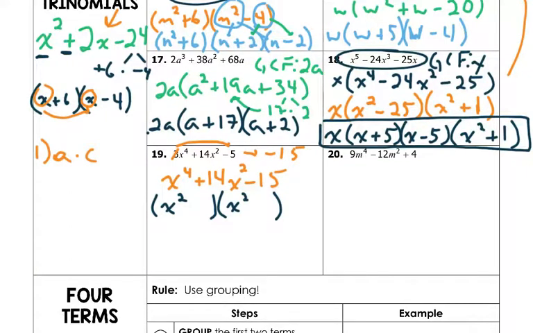Two factors of negative 15 that add up to be 14. Well, 15 times negative 1 gives us negative 15, but when we add them together, we get a positive 14. So hopefully you guys have gotten pretty good at that. So we need to put x squared plus 15 and x squared minus 1.